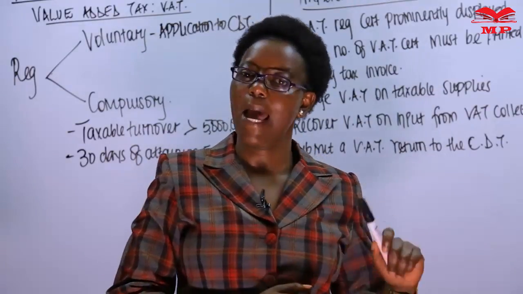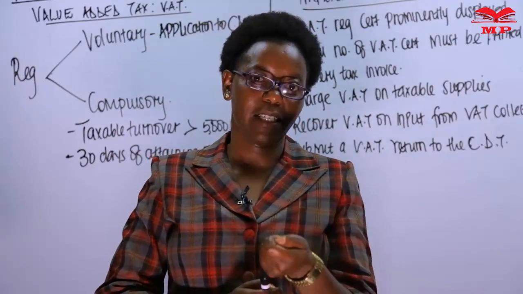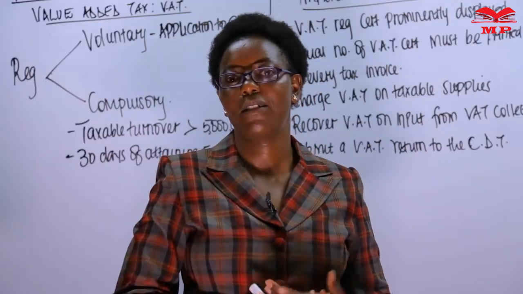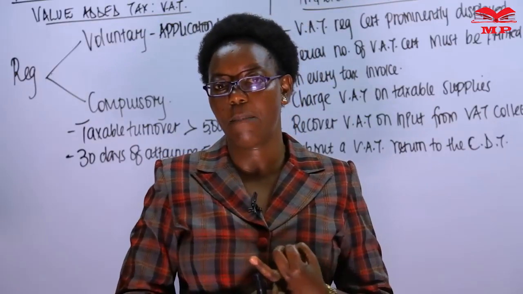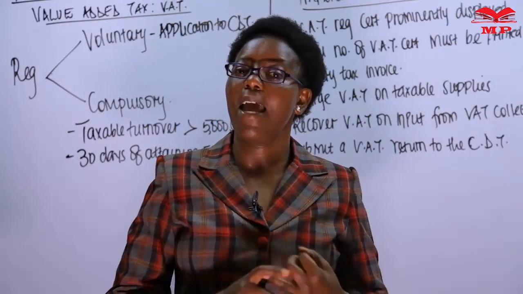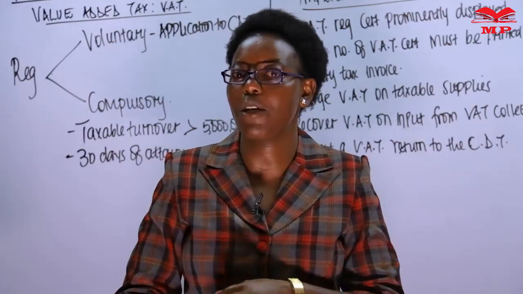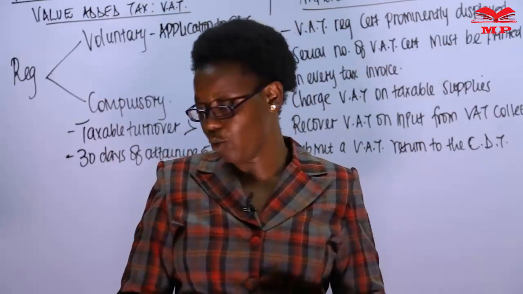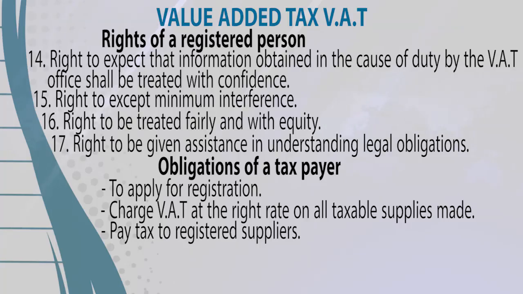So if a supplier is not registered, that means they gave you a tax invoice, or what in layman's terms we call a receipt, that does not have a serial number that shows the VAT registration number or the certificate number, and the serial number of that tax invoice and the serial number of the machine that has been used to print that invoice, then you don't pay VAT to them because they are not authorized by KRA to collect VAT on behalf of the government.